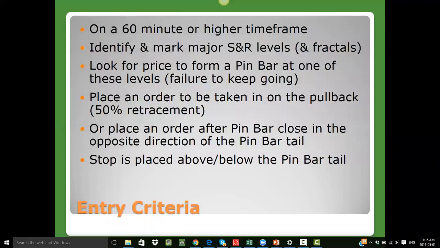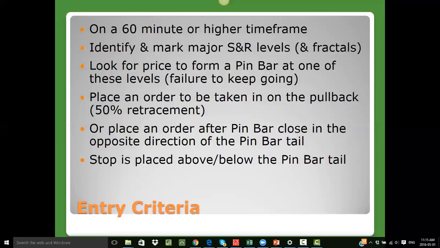These work really well. We identify our support and resistance levels, so make sure you draw your support and resistance levels. When you're looking for these pin bars to be set up at big support and resistance levels, major support and resistance levels, you'll find a higher success rate with this.